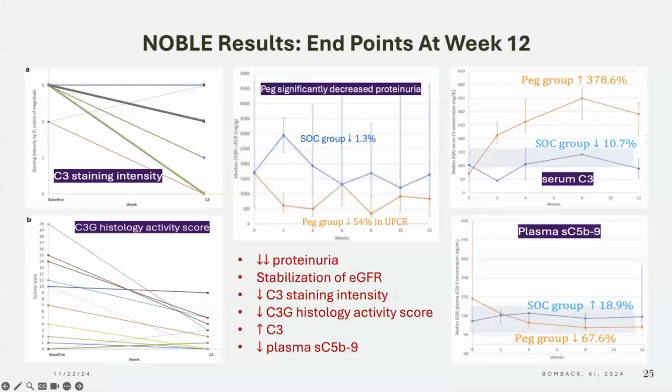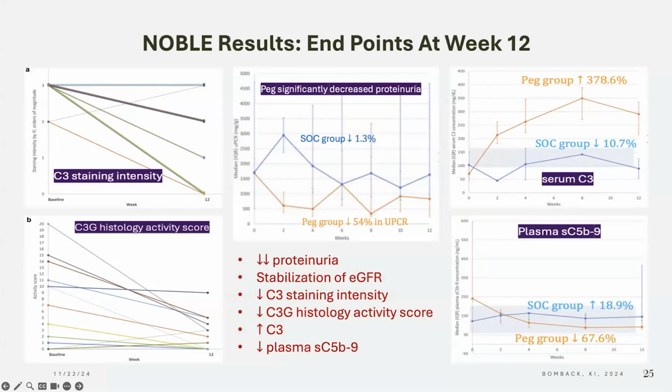The NOBLE trial showed pegcetacoplan significantly decreased proteinuria, C3 staining intensity, and C3G histologic activity score. It also inhibits the alternative pathway, demonstrated by increased C3 and decreased plasma soluble C5b-9. eGFR remained stable over 12 weeks in both groups. Pegcetacoplan met all endpoints at week 12, so it may be an effective complement inhibitor.